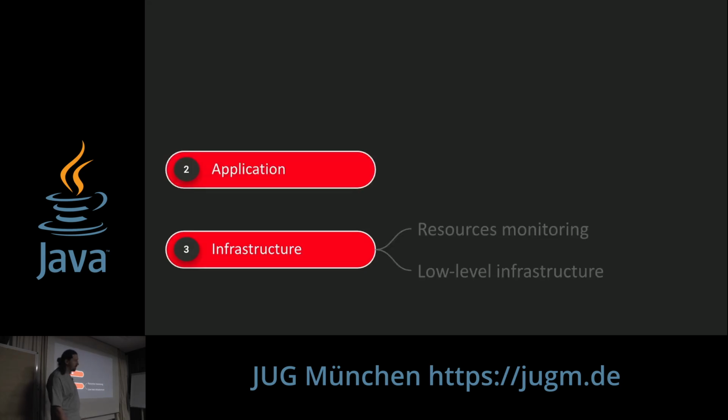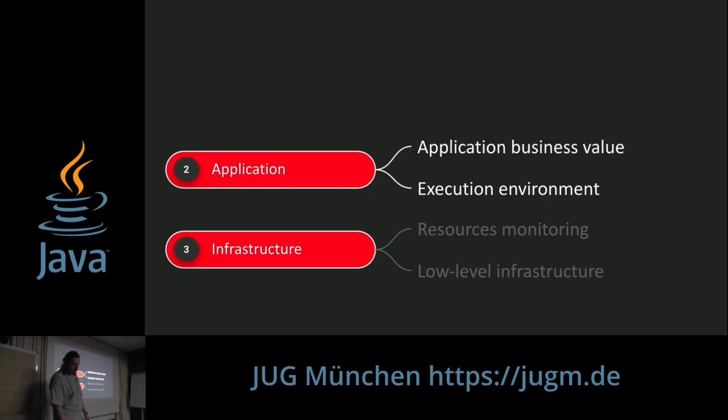The next level is actually something that developers and engineers are starting to be responsible for. It's the execution environment. If you run Java, since it's a Java user group, it's your JVM, right, or any other virtual machine you use to run your code. And it's also application business value.